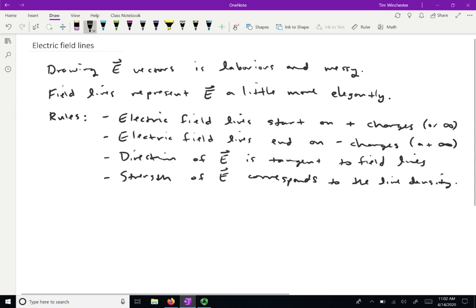Where the lines are close together, the field is strong. Where the lines are further apart, the field is weak. I think the easiest way to understand this will just be to do some examples.